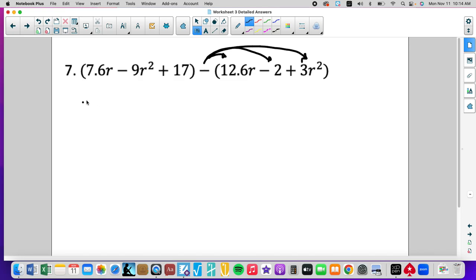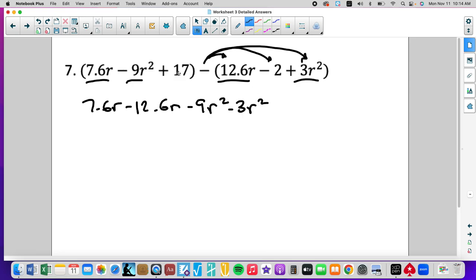So we're distributing that 7.6r. Some people will do this too, 7.6r, and then they'll write this part, minus 12.6r minus 9r squared. That's minus 3r squared plus 17 and then plus 2.